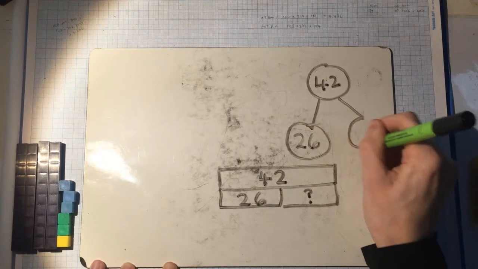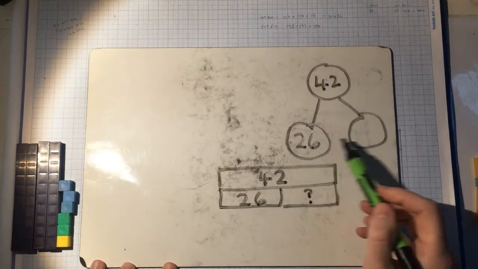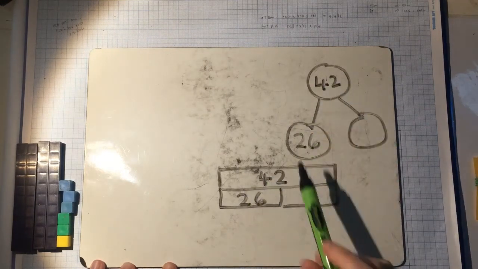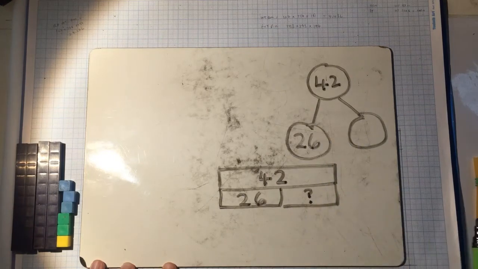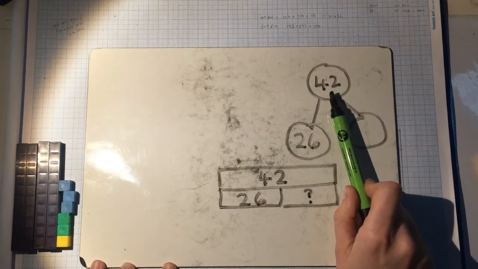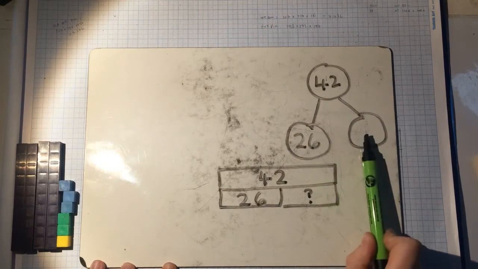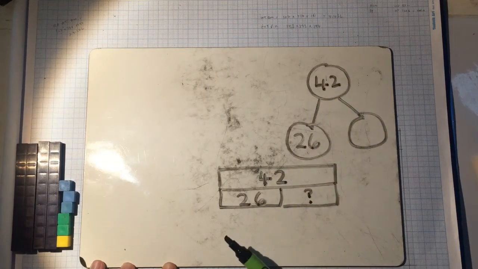Again, these are representations or drawings that children are quite familiar with. So you should get them to think about the relationship between these numbers to help them to solve the missing parts. So again, with the part whole model here, children can see that they've got the bigger whole number, they've got one of the parts, so to get that other part, they're going to have to subtract the 26 from the 42.